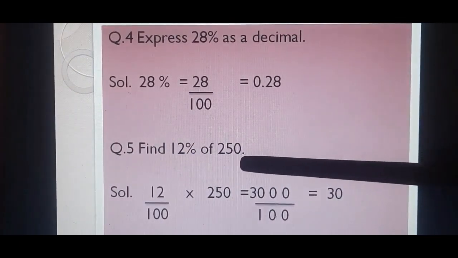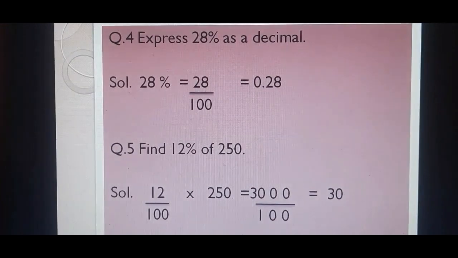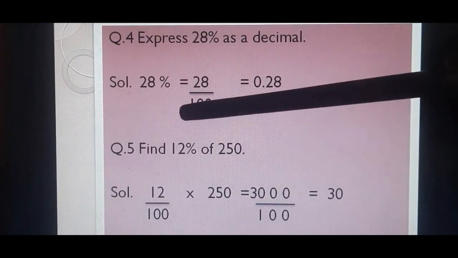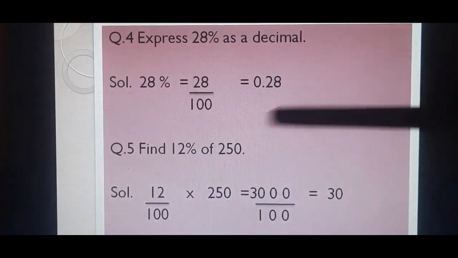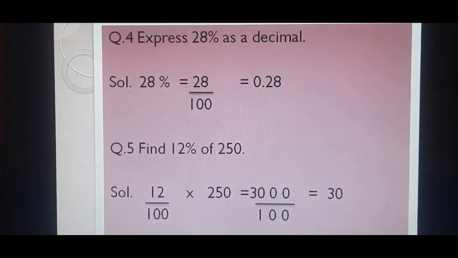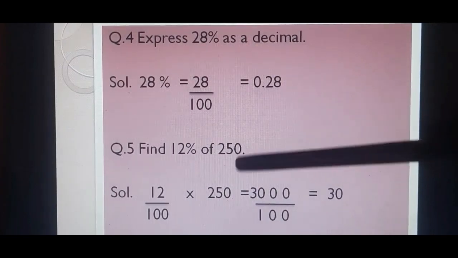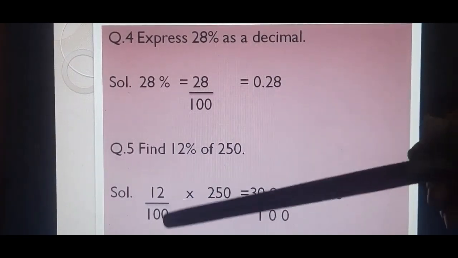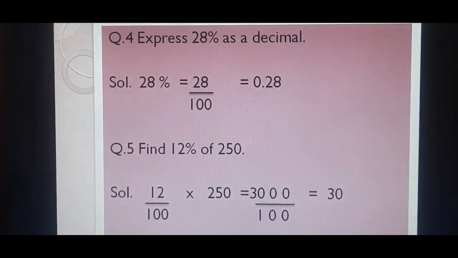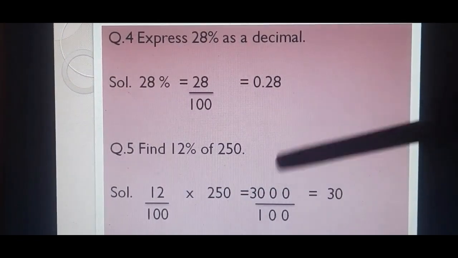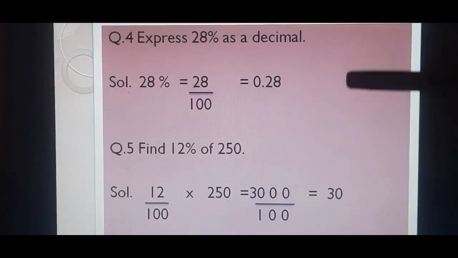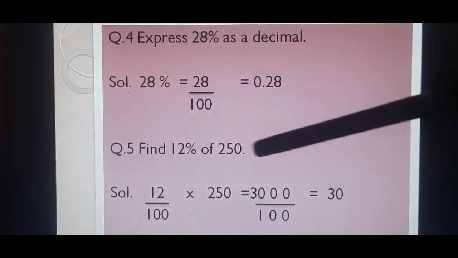Question number 5. Find 12% of 250. Now see, 12%. 12% means 12 upon 100. Of means multiply. 250. 12 upon 100 multiply 250. If you want, you can do cancellation here, or after multiplication zeros will be cancelled, or by division also you will get your answer.